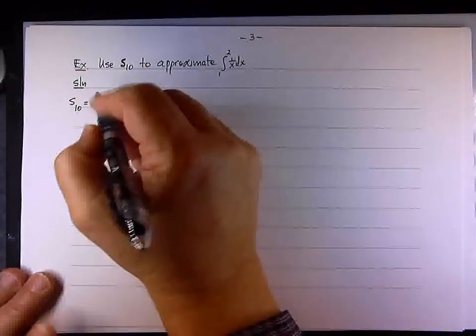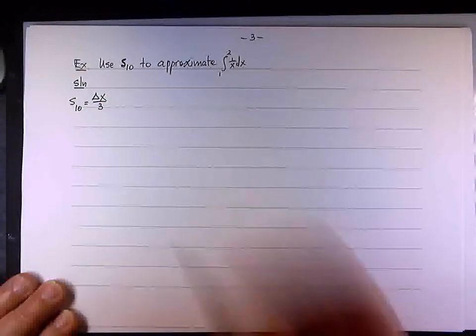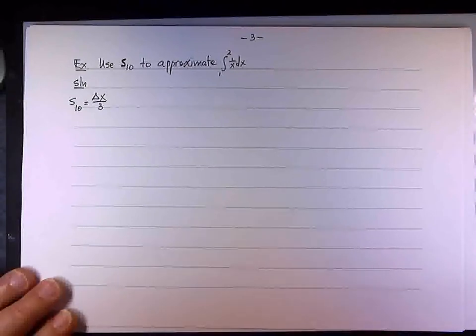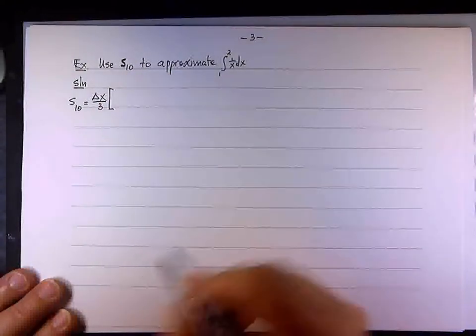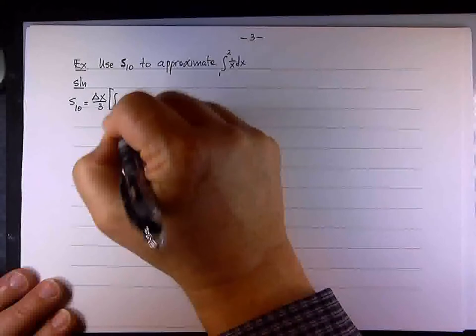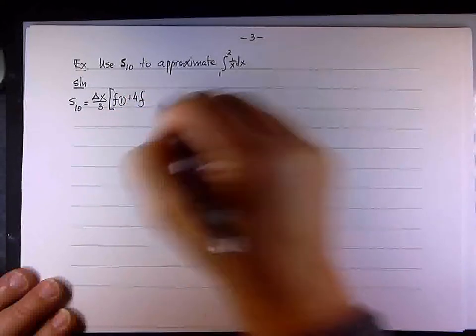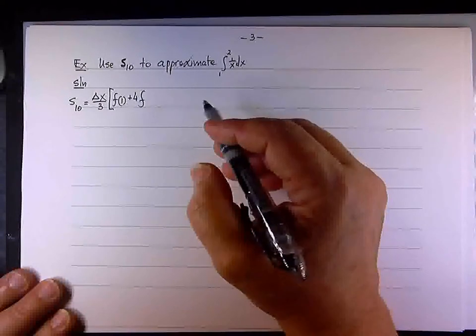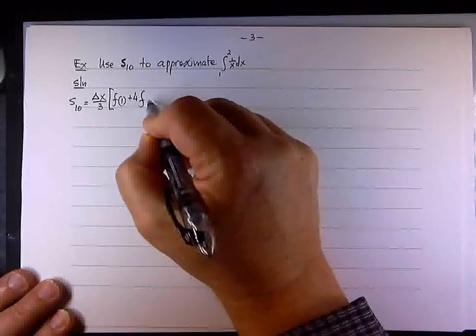Okay, the solution, we'll jump right into it. S sub 10 will be delta x over 3. Well, delta x, remember, is 2 minus 1 divided by 10, so it's 0.1, so 0.1 over 3. And then here's what we're going to calculate. What is the first value? Well, we'll start with f of 1, and then 4 times f of 1.1, right? The width of each subinterval is 0.1.